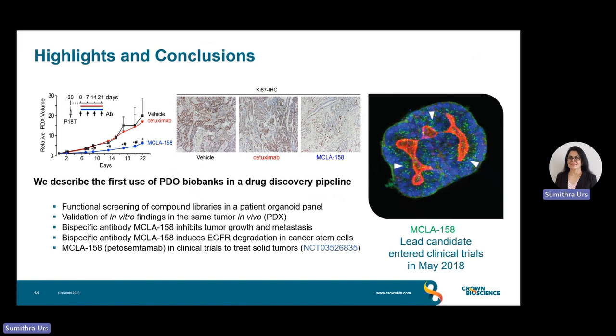The results from the in vitro studies were then further confirmed in vivo using CRC PDX models. This paper described for the first time the use of a PDO biobank in a drug discovery pipeline. The bispecific antibody is currently in clinical trial.